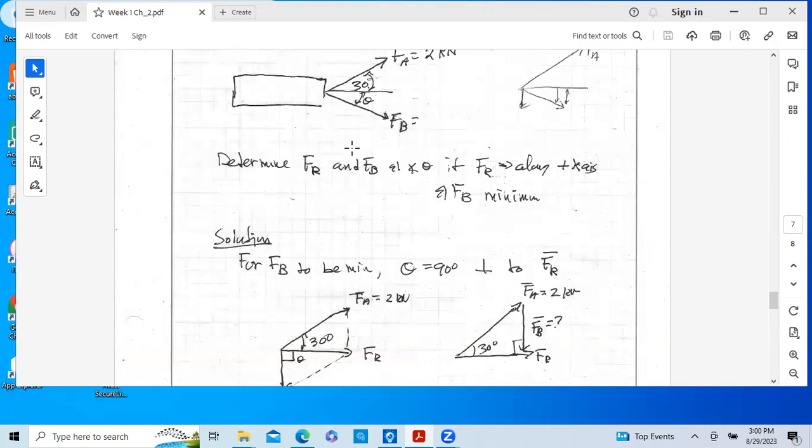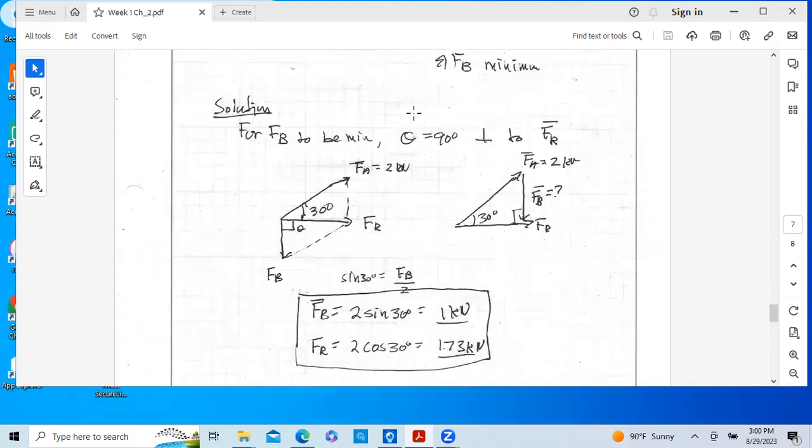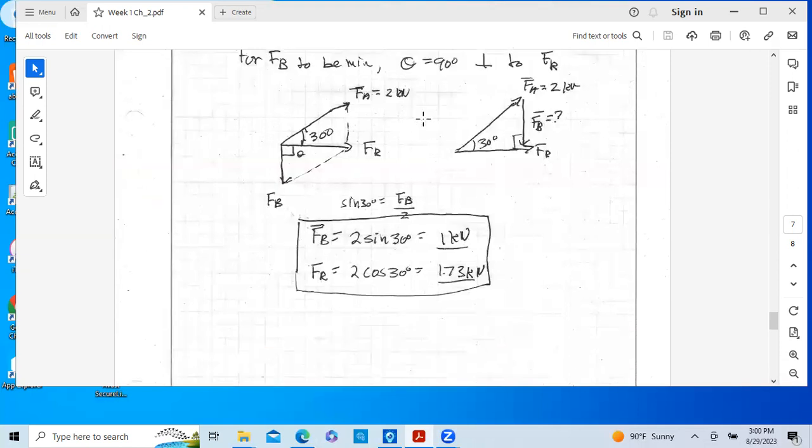In other words, if F sub B is somewhere out here, I'm going to suspect that this isn't going to be along the x-axis. Okay, it's going to be probably in this direction, in the geometry of the situation. That's a clever little problem. It's a little thought to get through it, I think. But that's sort of what we're looking at.